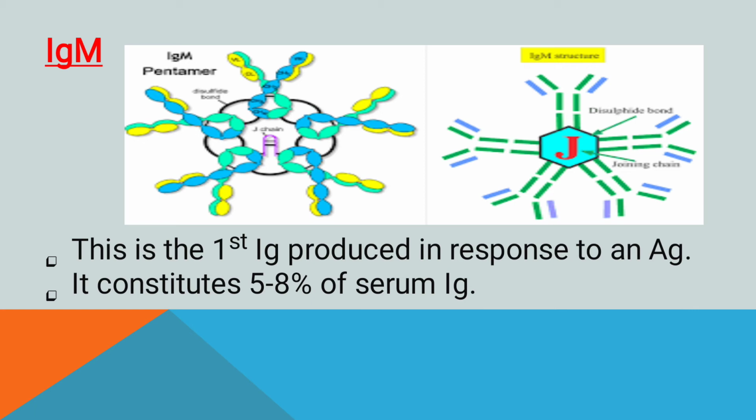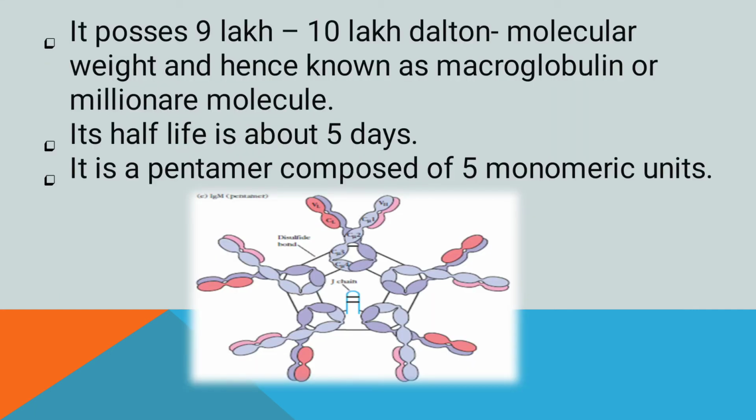Whenever an antigen enters our body, the first immunoglobulin produced is IgM, and it constitutes about 5 to 8% of serum immunoglobulins. Its molecular weight is around 900,000 to 1,000,000 daltons, hence it is known as macroglobulin or millionaire molecule due to its large molecular weight.